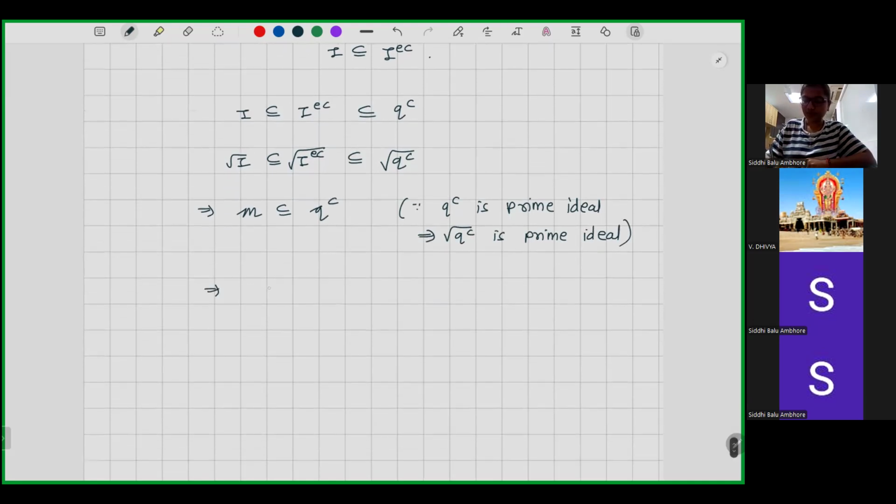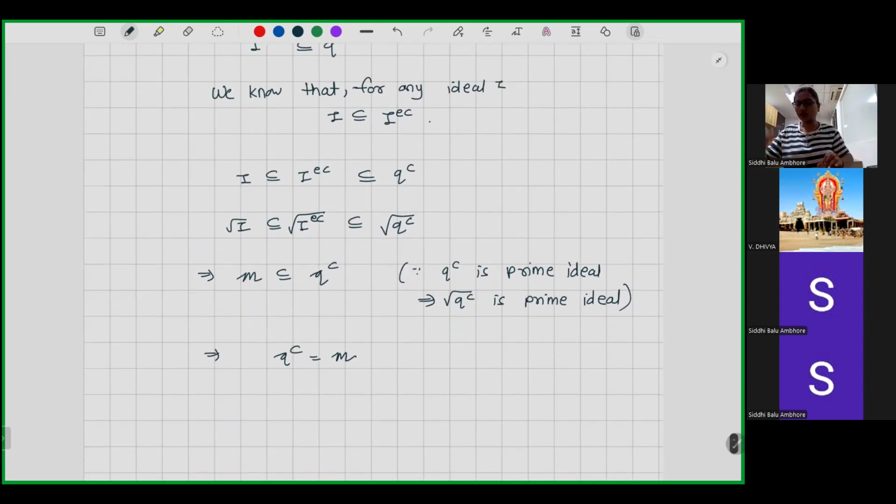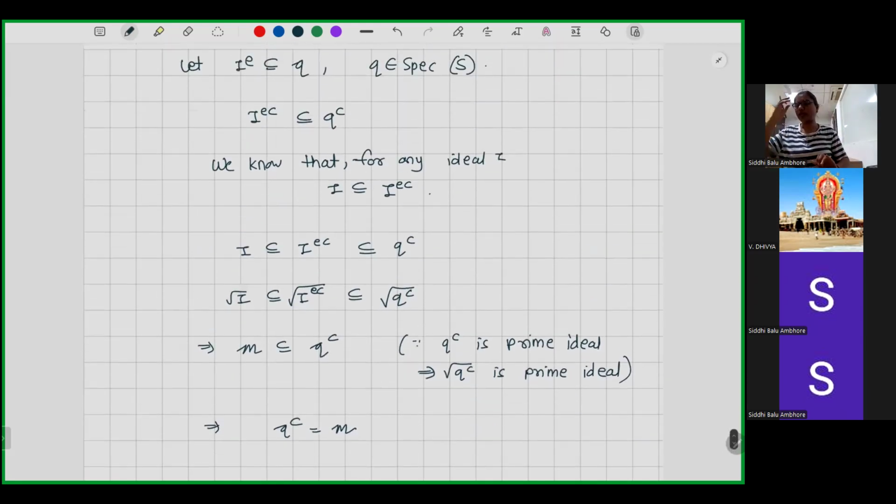Therefore this Q contraction must be M, because we started with Q in the Spec of S and contracted it, which was again a prime ideal.